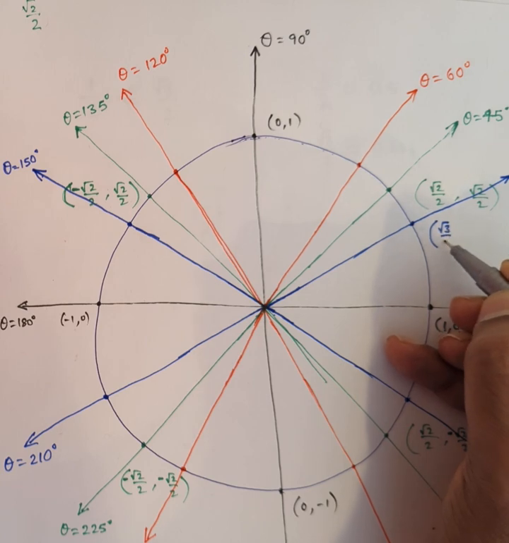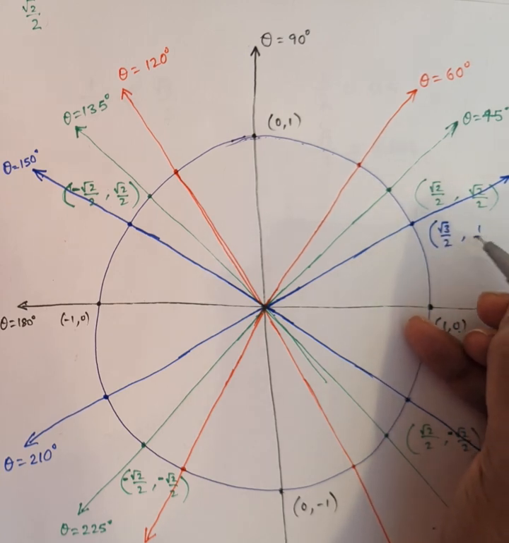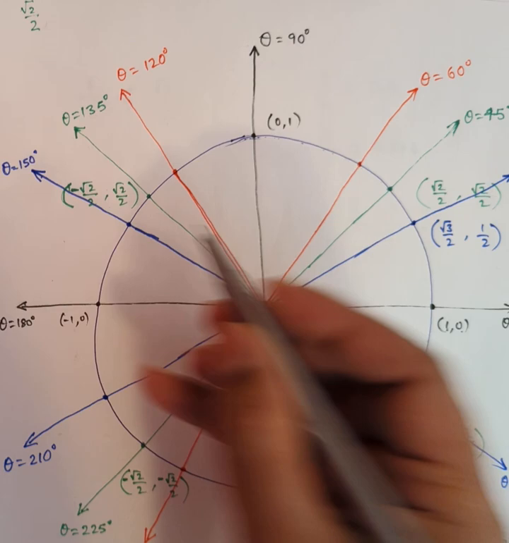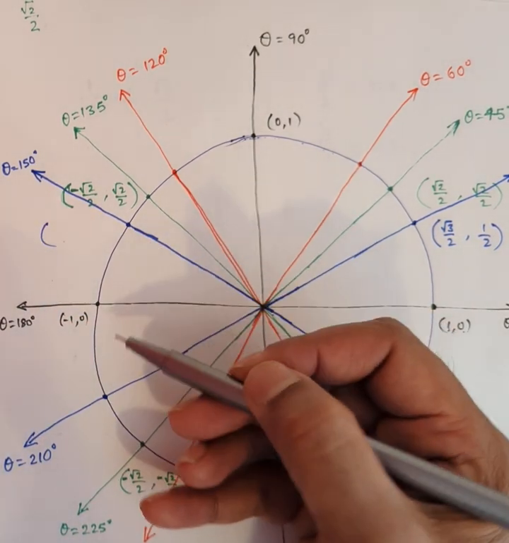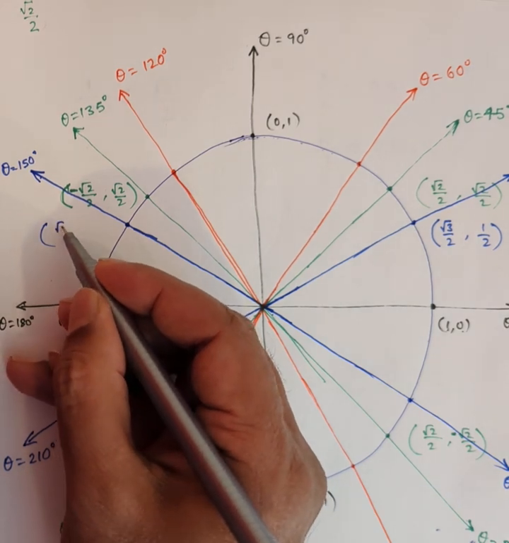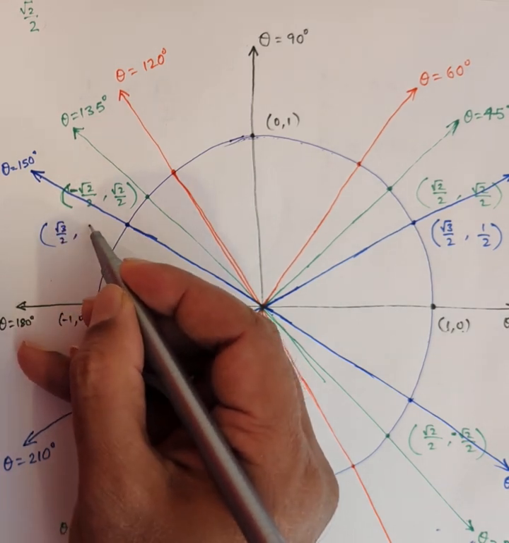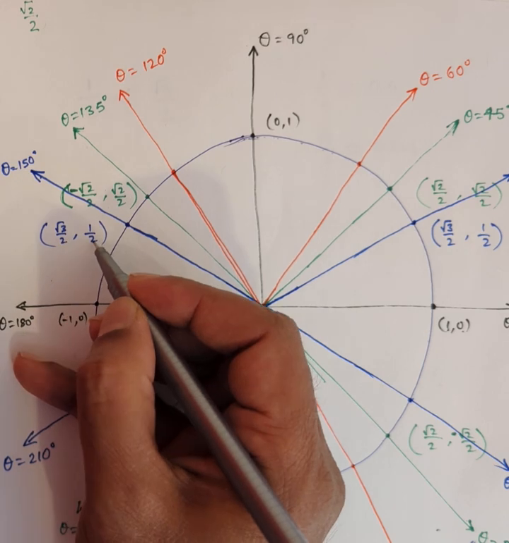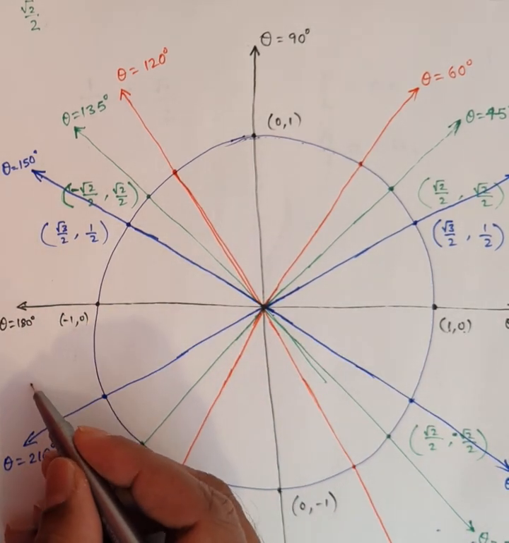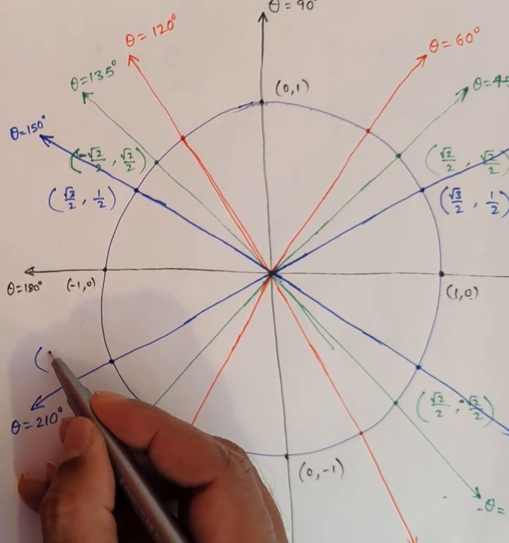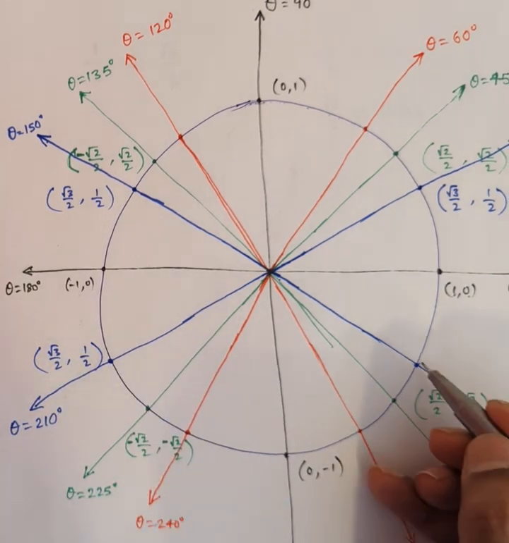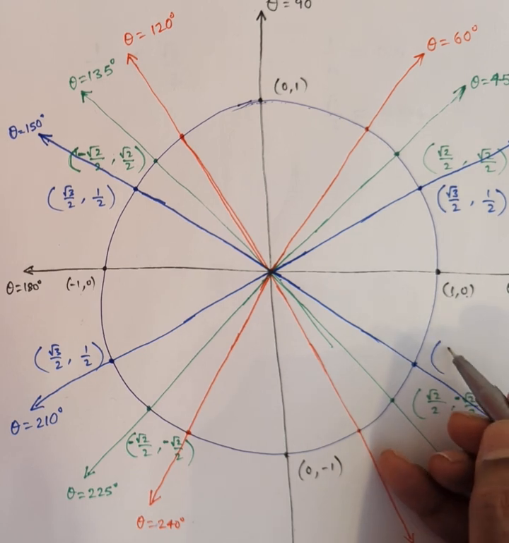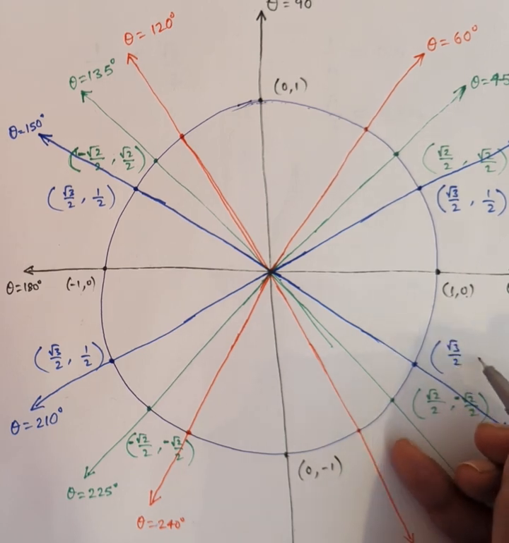So I'm going to write the bigger fraction first, smaller fraction next. Similarly, let me fill up this one. This is also closer to the x-axis. So I'll first take care of the magnitudes. X should be more, y should be less. Here also x should be more, y should be less. And here x should be more and y should be less. So root 3 over 2 and half.